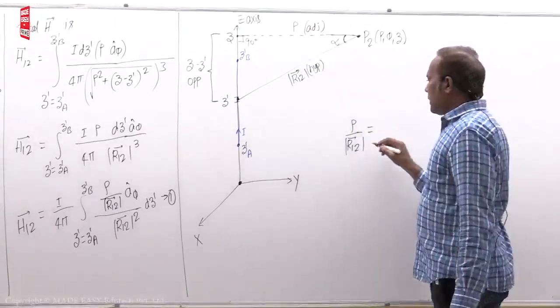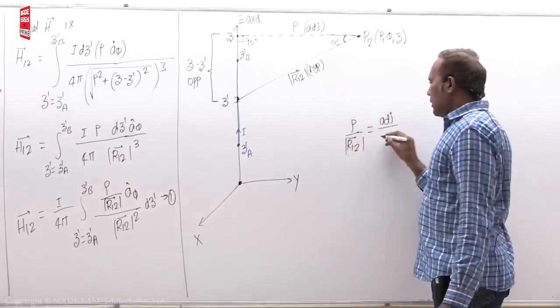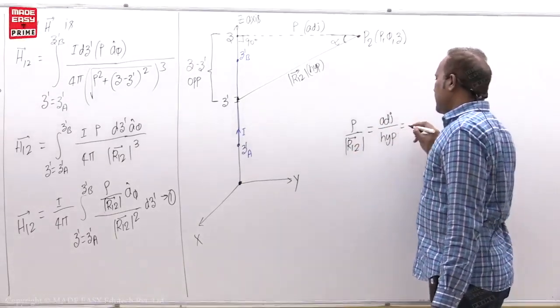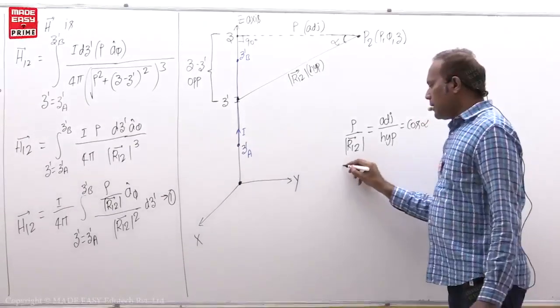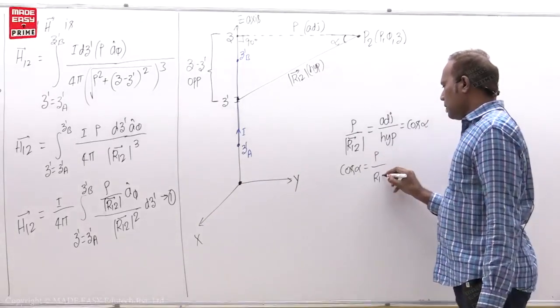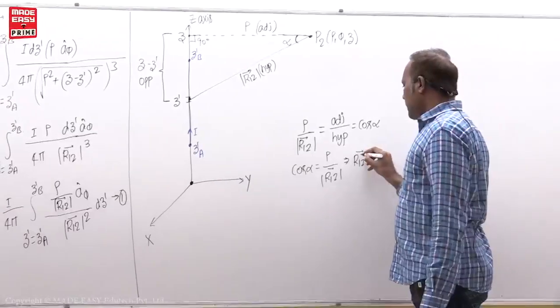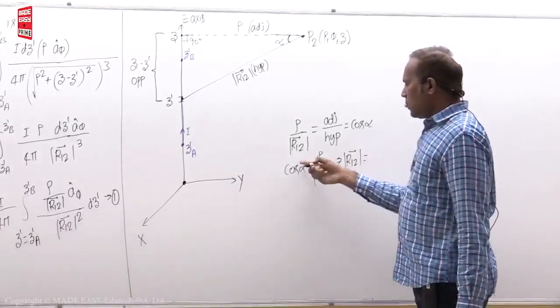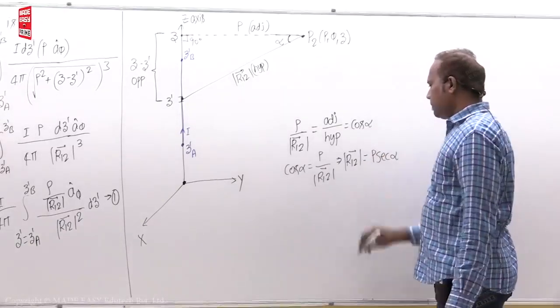So here rho is adjacent, then this one is hypotenuse. That is the definition of cos. So cos alpha is equal to rho by mod R12. From this, mod R12 is equal to rho by cos alpha, that becomes rho sec alpha, secant.